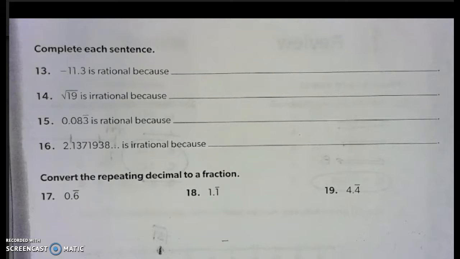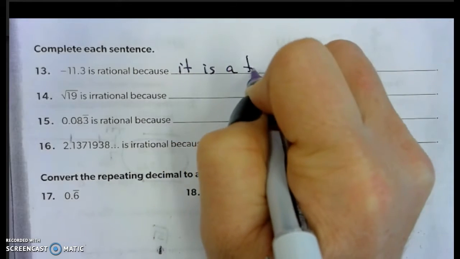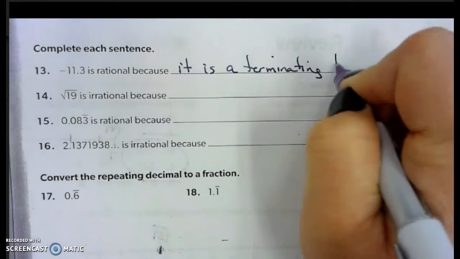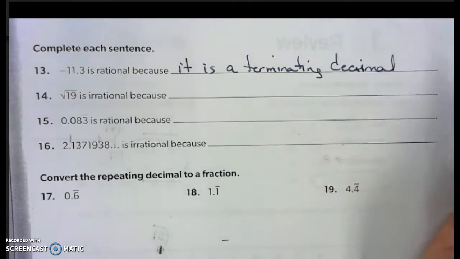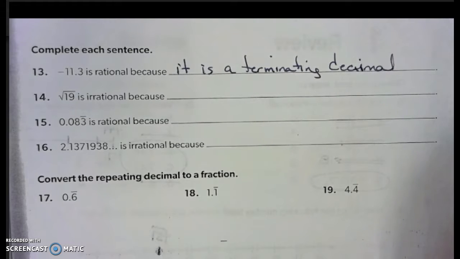Number 13, negative 11.3 is rational because they're telling you it's rational. Now, it is rational because it is a terminating decimal. Terminating decimals are rational.